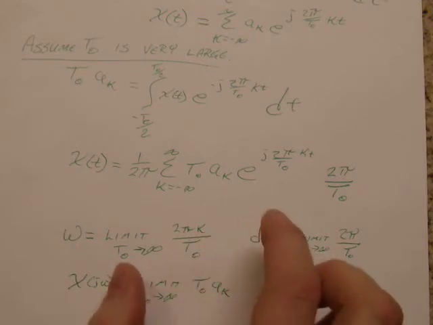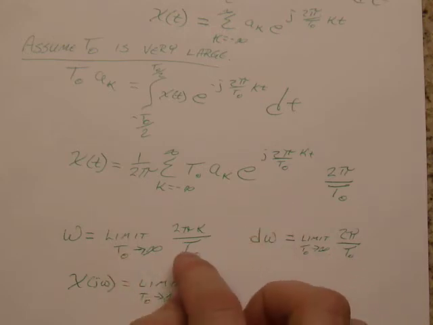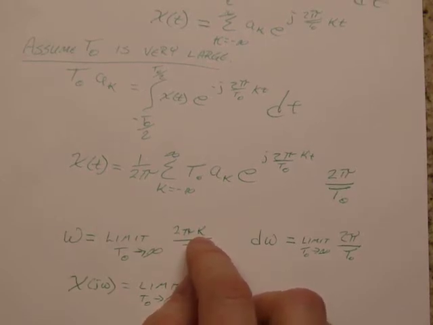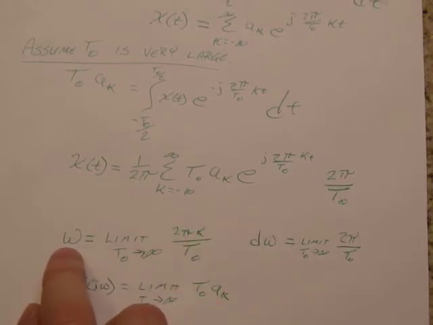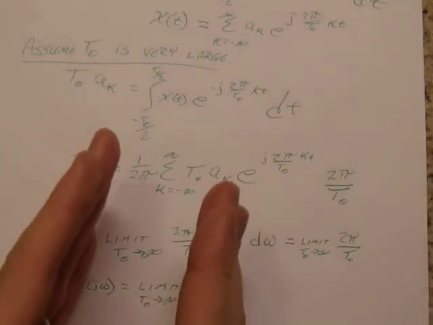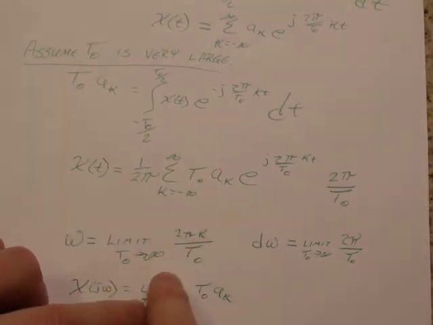So we are shrinking the distance between the harmonics, which are denoted as k. That makes the period longer and longer, but the distance between each one of the harmonics is actually getting smaller because it's dividing by t naught.